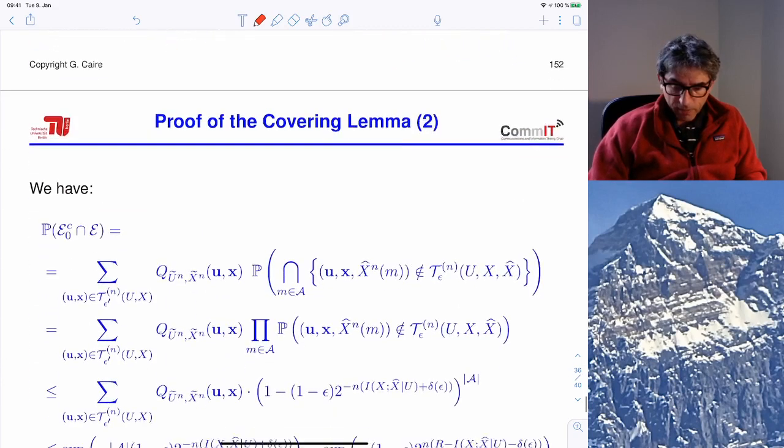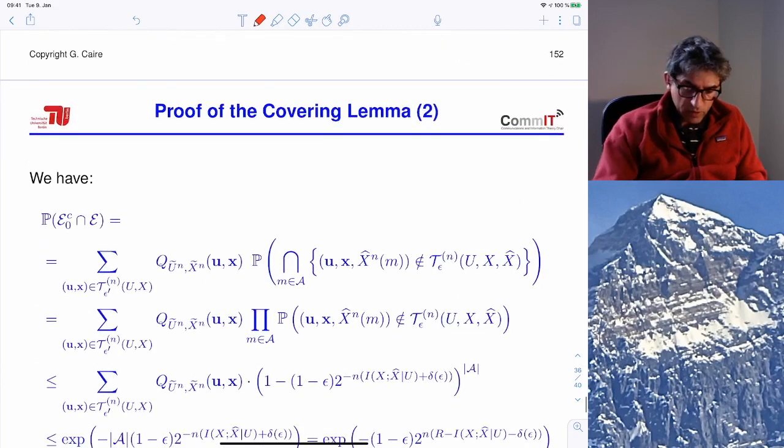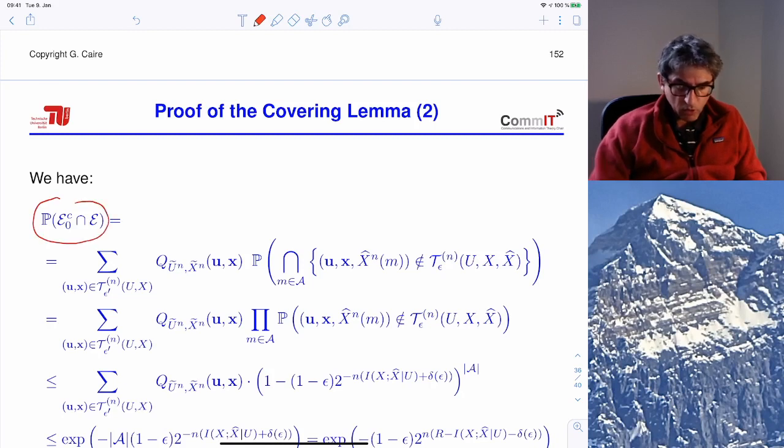So now we use this in the probability that we want to compute. What is this probability?